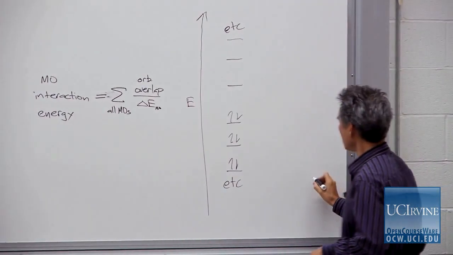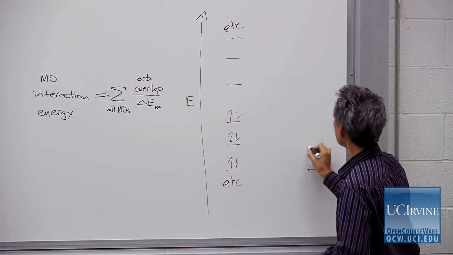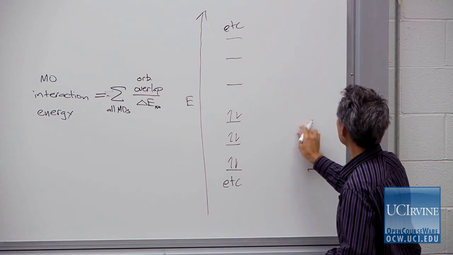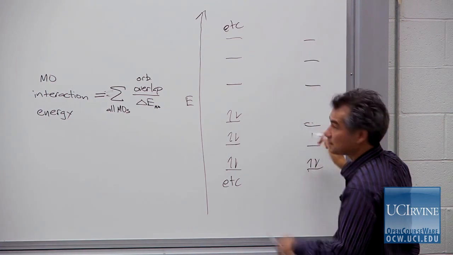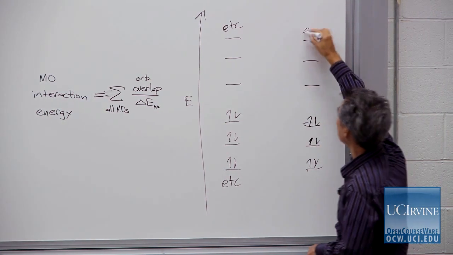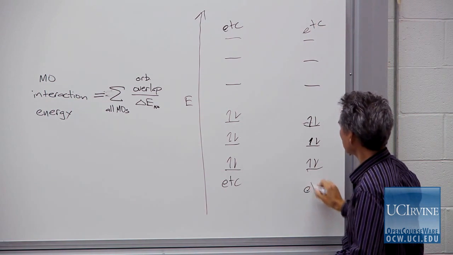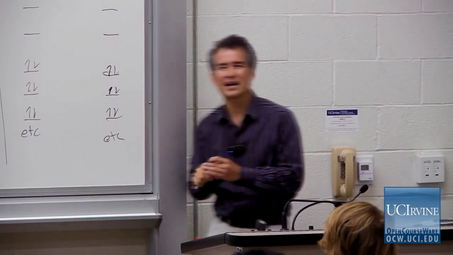And let me draw the MOs for the other reactant, the bromomethane. It's also going to have orbitals that are filled and unfilled. I see bonds in bromomethane, therefore I must have some sort of bonding type orbitals and some empty orbitals. So I'm not going to draw all of them. I just want to draw some of them so you can see how crazy this interaction diagram would be.